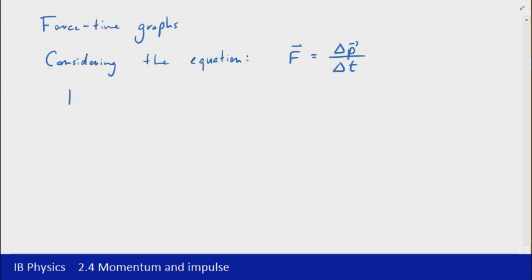So if we think about a force-time graph, we'll have force on the vertical axis and time on the horizontal axis. And usually what we've considered up to this point in time is that the force being applied is fairly constant. Now, if you consider the area under a force versus time graph, that's going to show us something useful, as it does in the case for a lot of graphs.